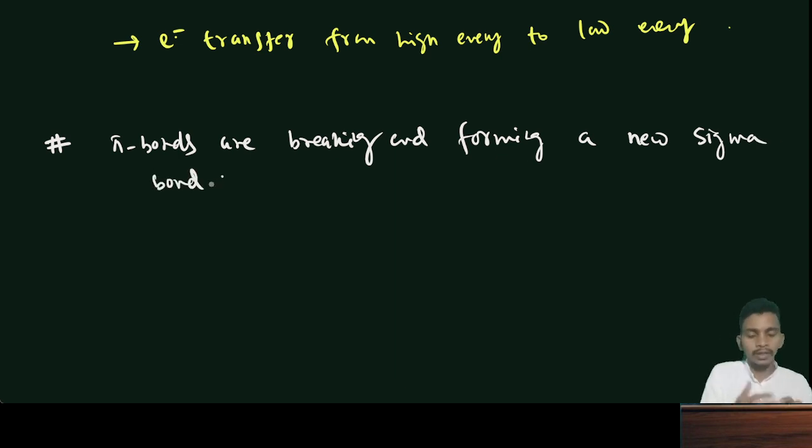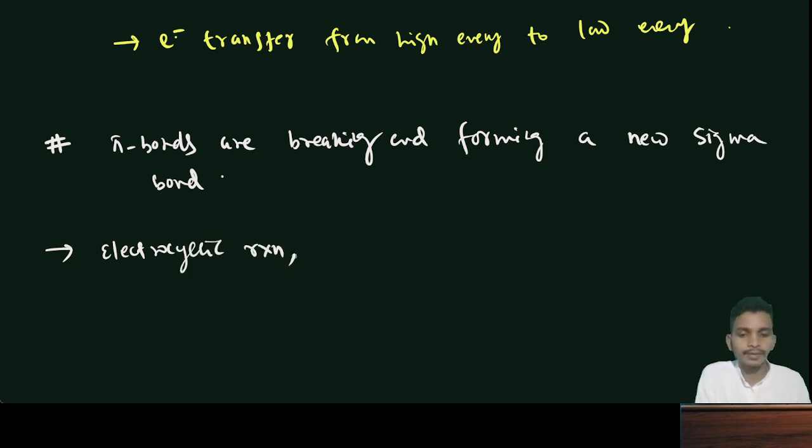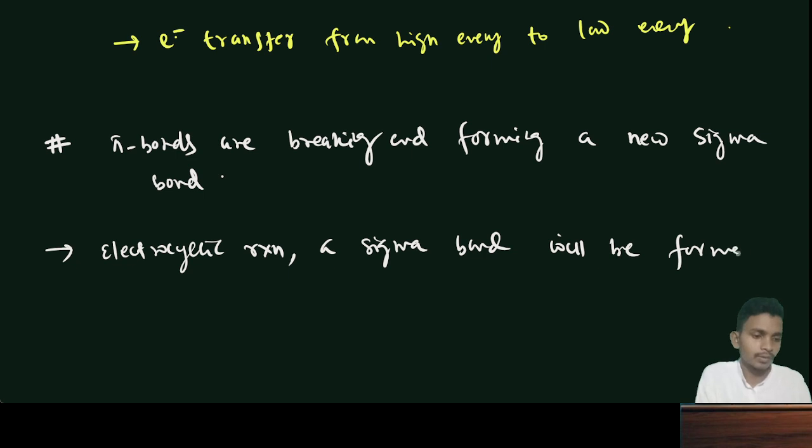So in electrocyclic reactions, we will see that there will be a formation of a sigma bond. Okay. So in electrocyclic reactions, a sigma bond will be formed. Okay, so this is the electrocyclic reaction.